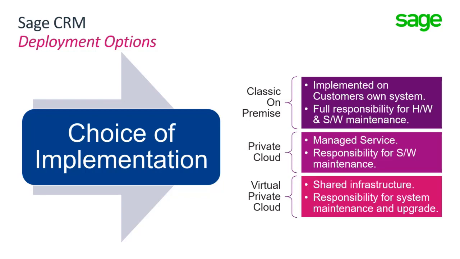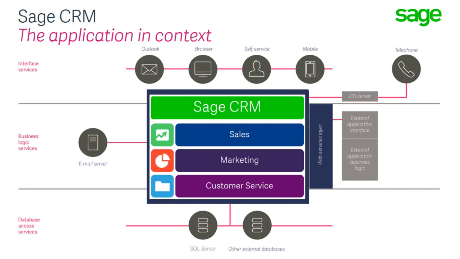And you could also go with a virtual private cloud where you are using things like the Amazon or Azure platforms where there's a shared infrastructure, and there is responsibility for managing the upgrade of operating systems and the software as well. So the ownership of the system still resides with the customer in terms of responsibility for maintenance, but they may well then contract that out to partners to work through. So there is a choice of slicing and dicing Sage CRM in any way that they like.